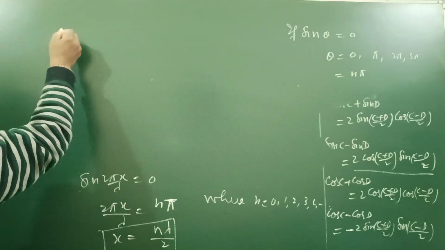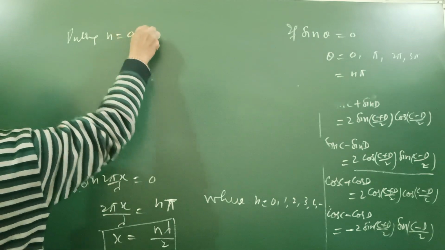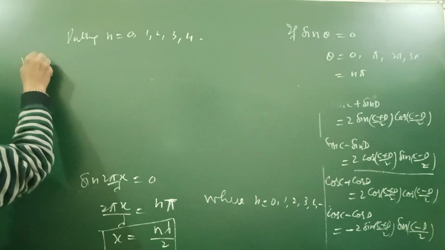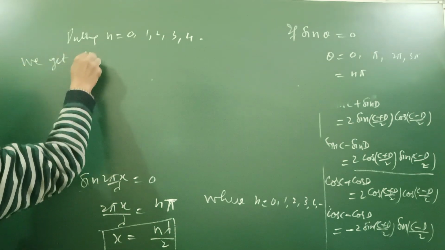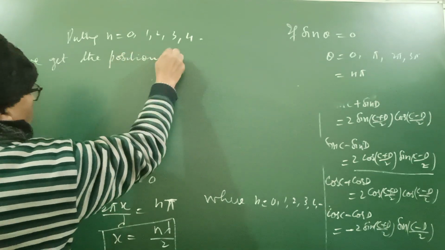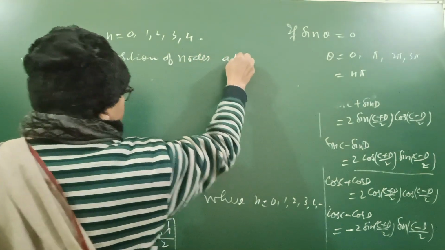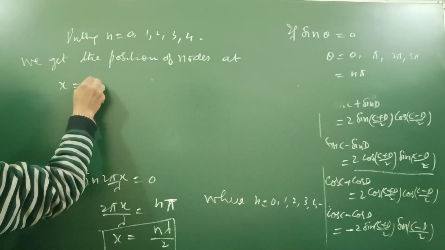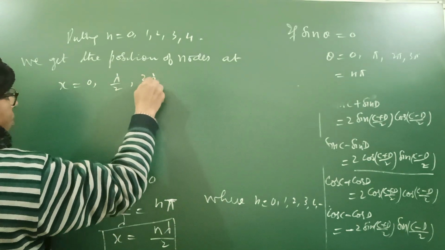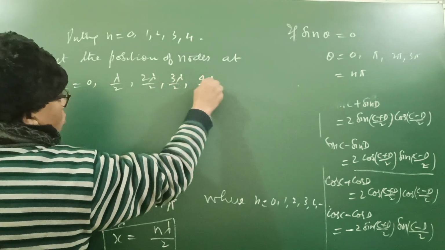So putting n equal to 0, 1, 2, 3, 4 and so on, we get the position of nodes at x equal to 0, x equal to lambda by 2, x equal to 2 lambda by 2, 3 lambda by 2, 4 lambda by 2 and so on.